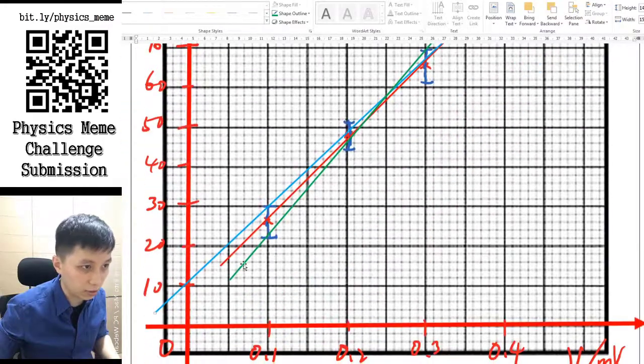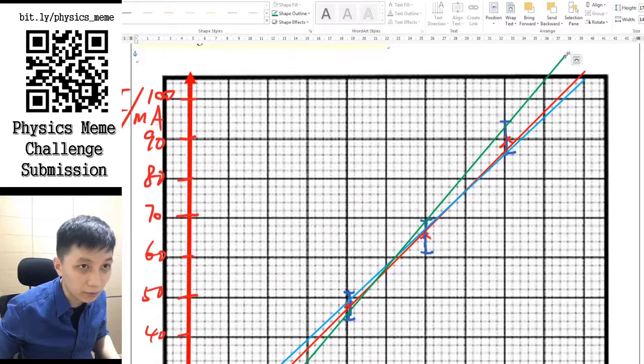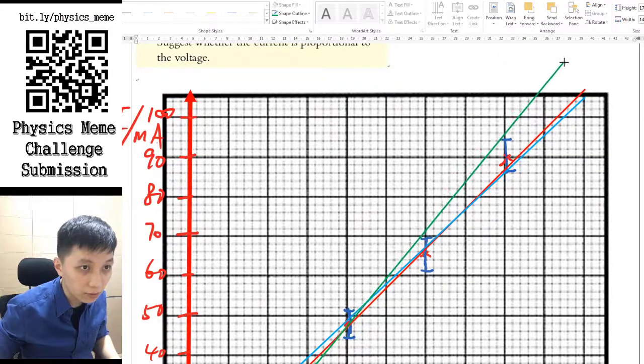Okay, we are still all good here. And then the green one should be something like this, because I'm still looking at this part. Okay, so yeah, I think that's something we have to keep.